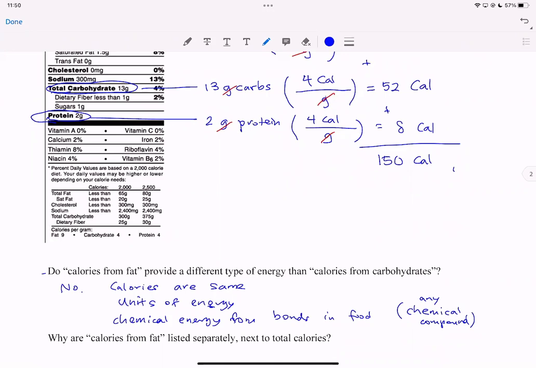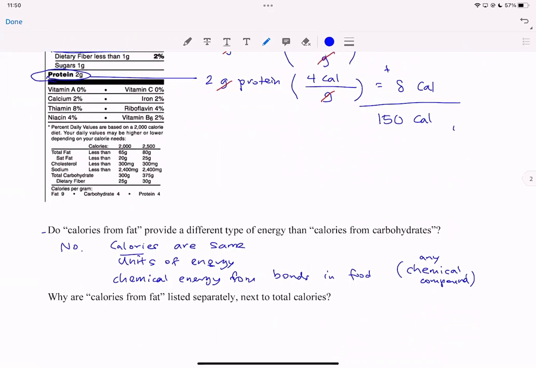So the calories from food come from breaking the bonds in the process of digestion, and it's measured the same way whether they're calories from fat or calories from carbs or calories from protein. Calories from fat are listed separately.